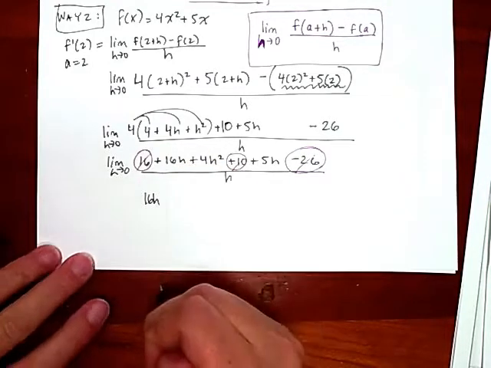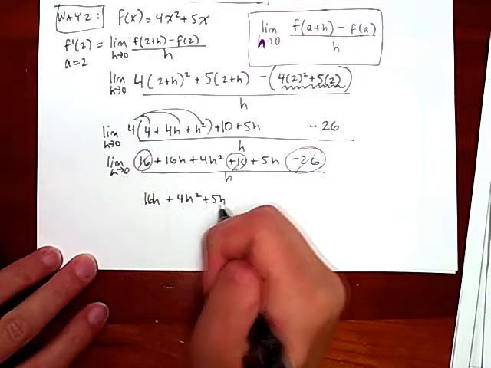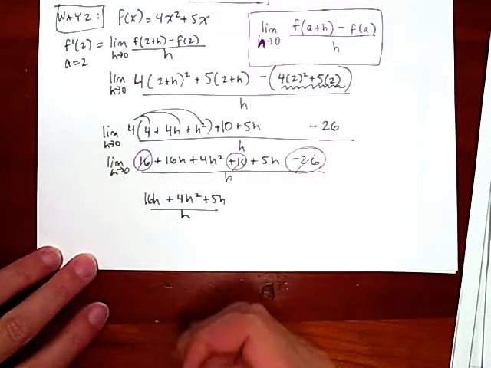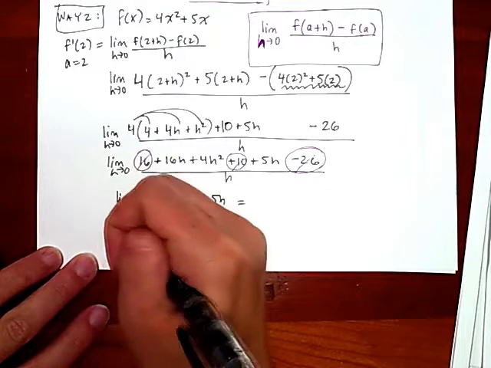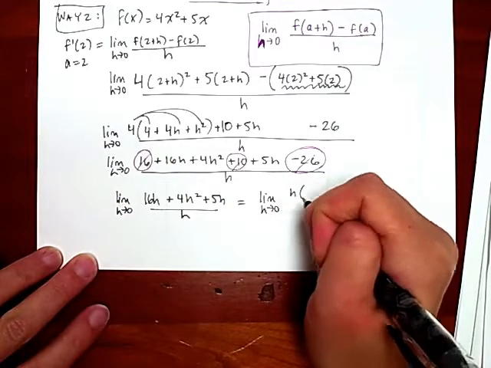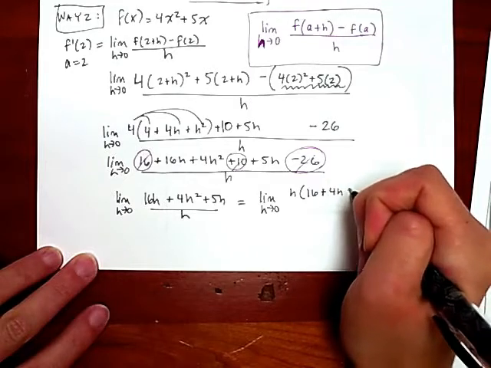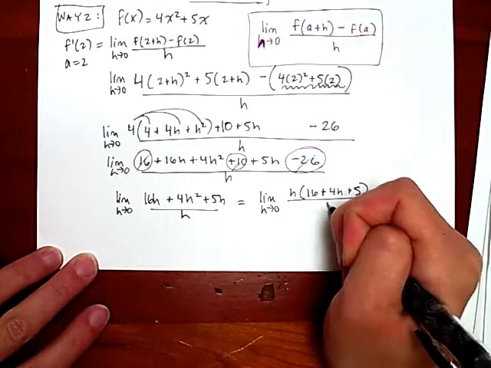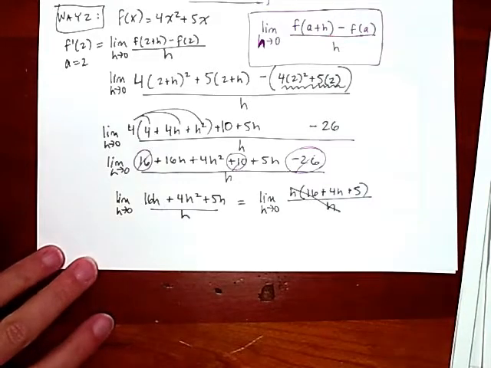I have 16h plus 4h squared plus 5h over h. So I could factor an h out on top, which becomes the limit as h goes to 0 of h times (16 plus 4h plus 5) all over h. My h cancels. That's the goal.